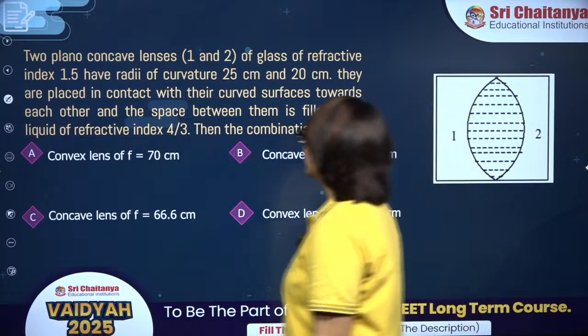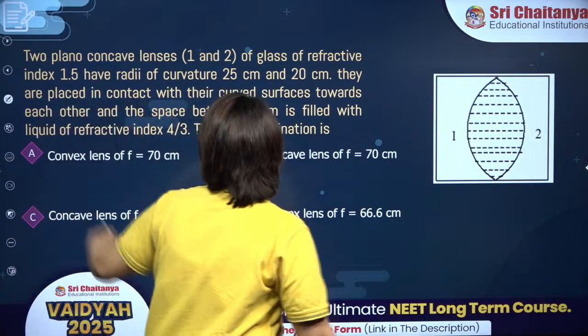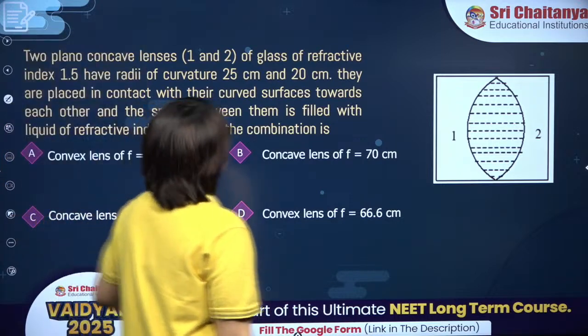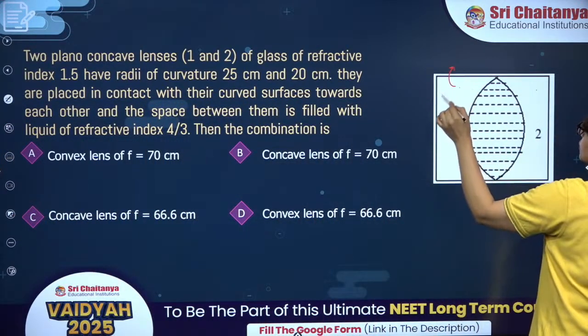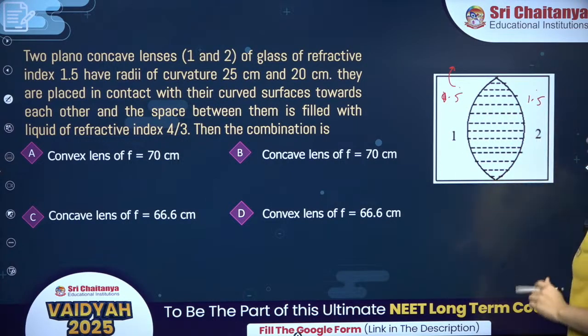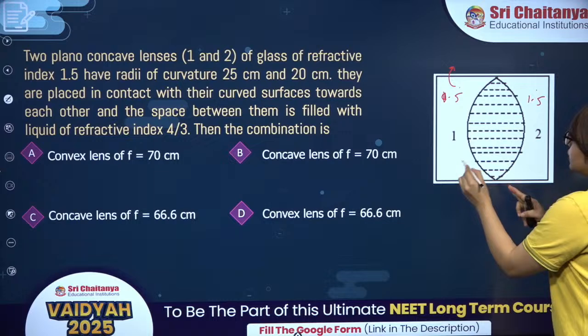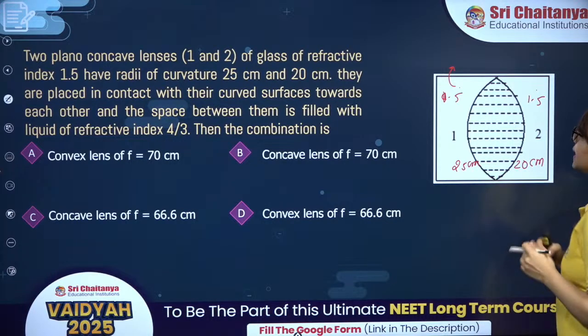Two plano-concave lenses 1 and 2 of glass of refractive index 1.5. The radii of curvature of this one is 25 centimeter and this one is 20 centimeter.